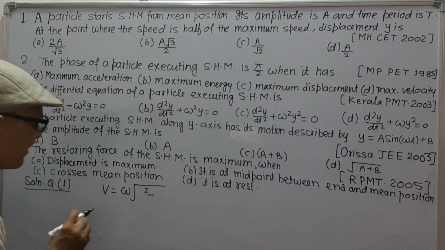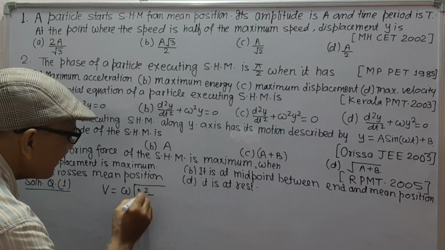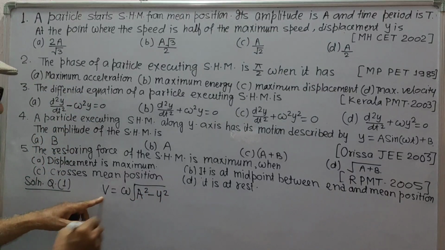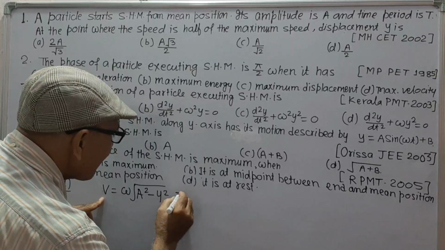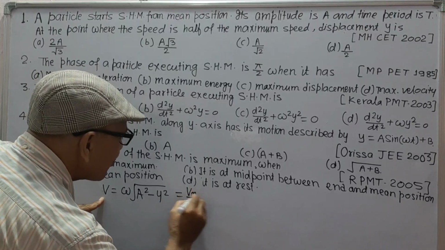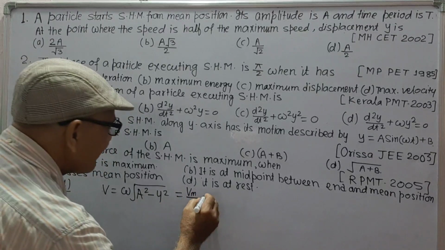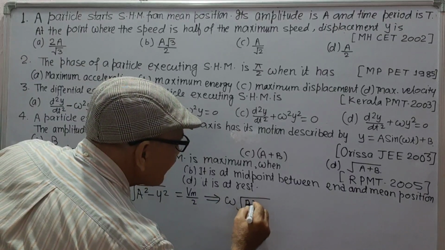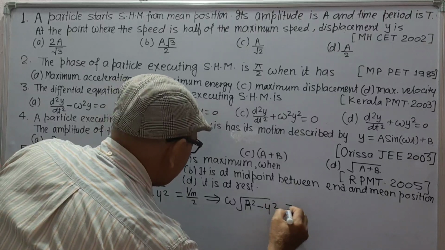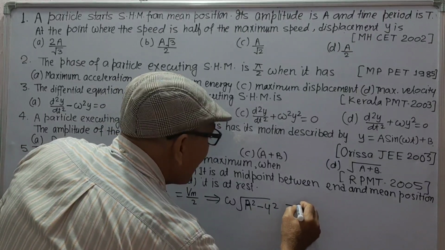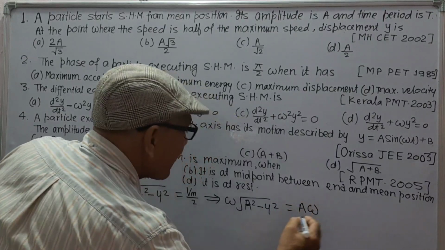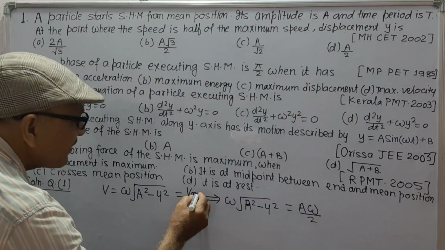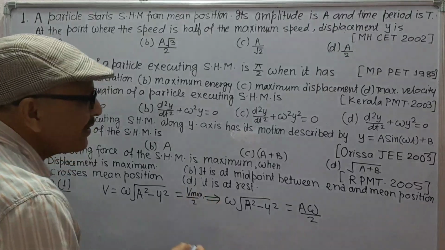We know v is equal to omega times square root of A square minus y square. When v is equal to v maximum by 2, then omega times square root of A square minus y square is equal to A omega by 2, because v maximum is equal to A omega.